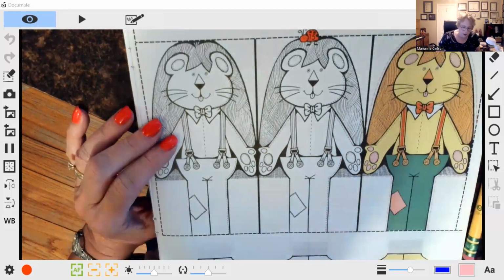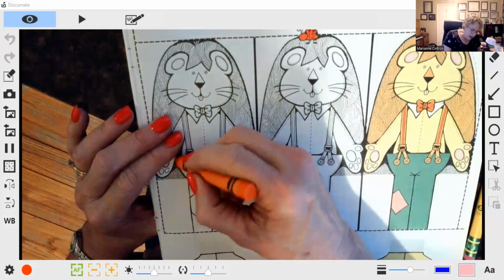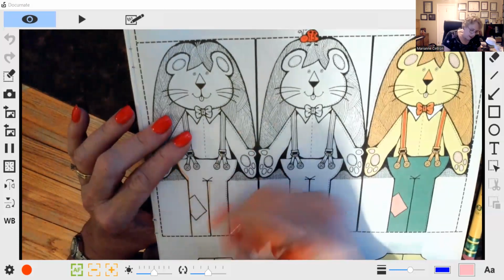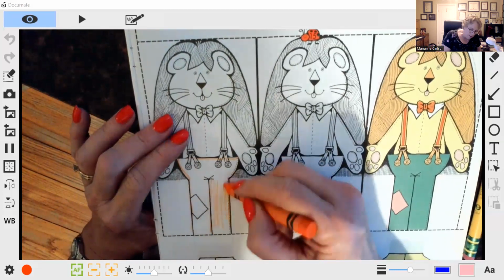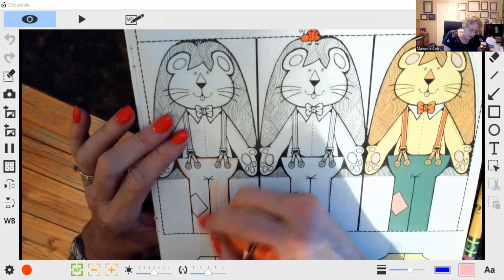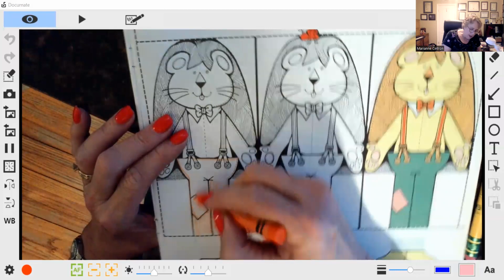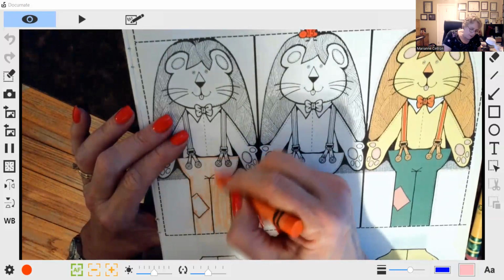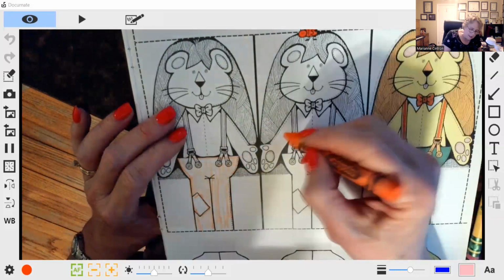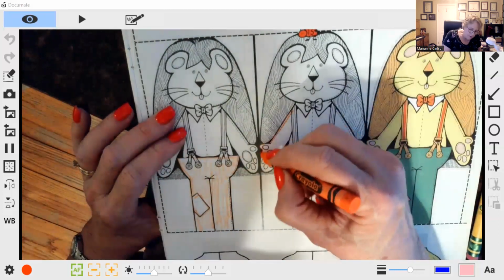So let's color. I'm going to outline and color his pants orange, up and down. And be sure you outline. And then I'm going to give this guy an orange shirt.